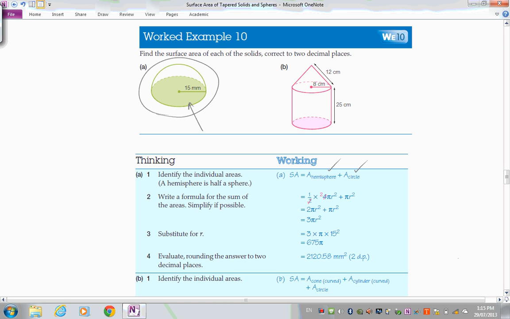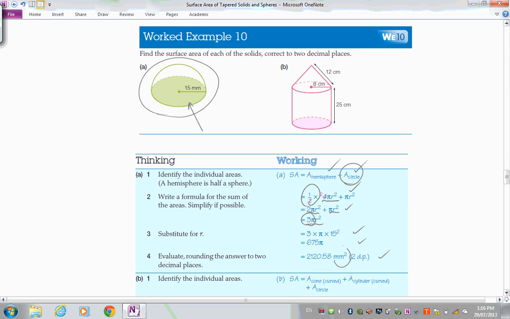If you're putting that down on its base, and you've painted the base and you know the area of that circle, remember, let the base dry before you put it back down again. This is a hemisphere, it's half the area of a sphere, therefore it's 2 pi r squared plus pi r squared, and then you could simplify that: 2 pi lots of r squared plus another pi lots of r squared is 3 pi r squared. Put the numbers in, state the answer.